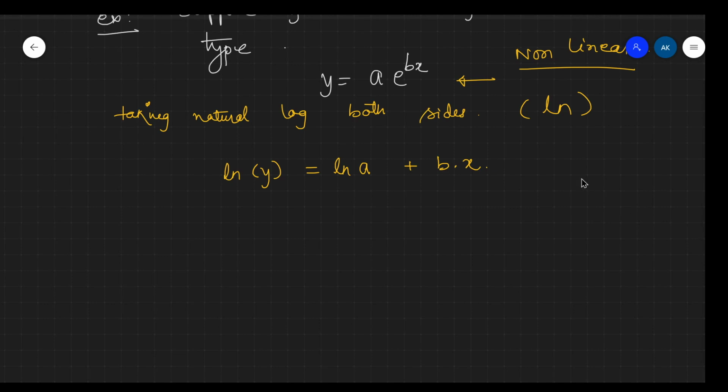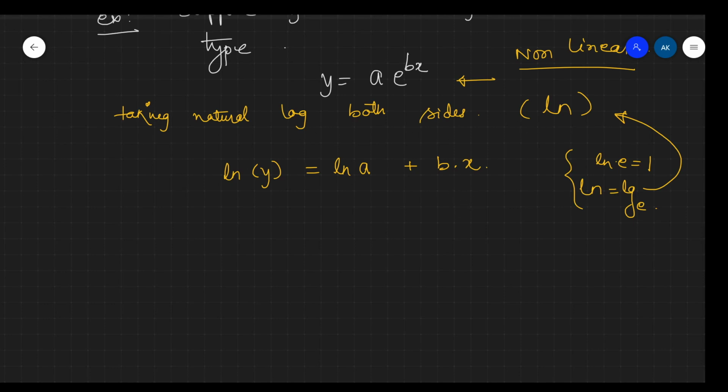I have used the property that ln of e is equal to 1, and ln is log base e, only for natural log. So I have taken ln on both sides, no issues with this.